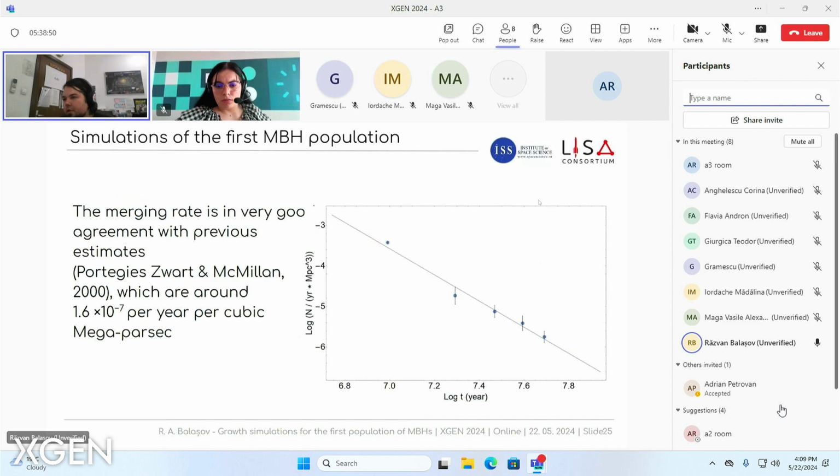One of the important results is that I obtained a merging rate behavior. Merging rate is very important for the future space observatories of gravitational waves, because as I told you, black holes, when they merge, create these gravitational waves that cannot be stopped by electromagnetic phenomena or lumps of gas.